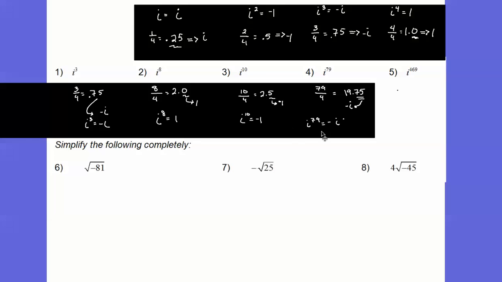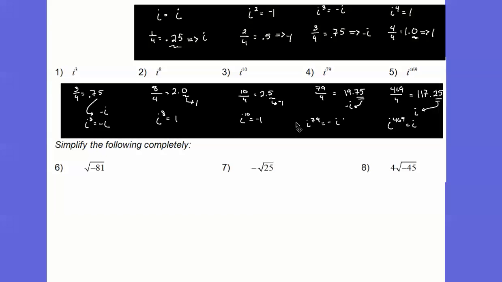So I know that i to the 79th is equal to negative i. And lastly, 469 would create a decimal part of 0.25 that would indicate i, and therefore i to the power of 469 is going to equal i.